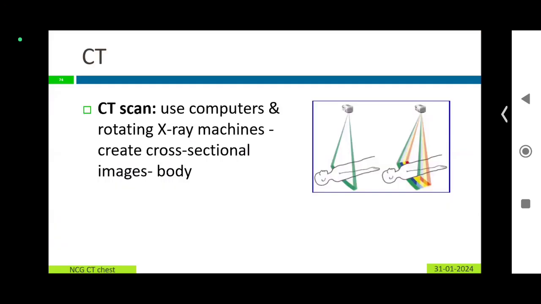CT, previously, we didn't have a spiral CT or a multi-detector CT. What is CT? It just uses a computer and a rotating X-ray machine. Whatever we do in a chest X-ray, it is a stable X-ray machine. It does not rotate. In CT, you have rotating machines, and if you have multiple plates to detect the X-rays, then you have a helical CT.